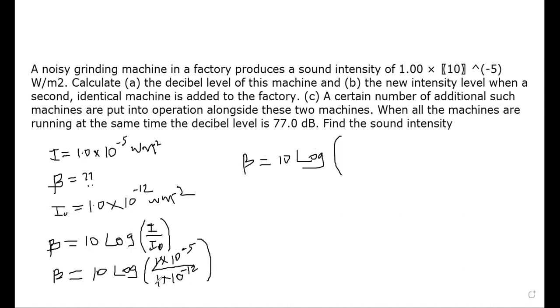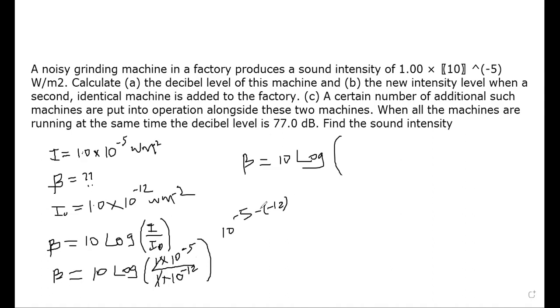One will cancel one here. From indices, this 10 to the power minus 5 divided by 10 to the power minus 12 is the same thing as 10 to the power minus 5, and when dividing indices you subtract, so minus minus 12.